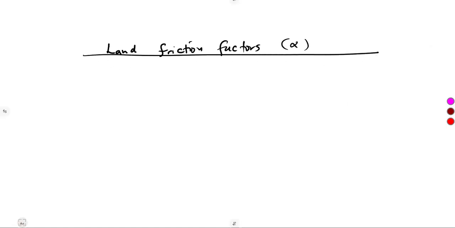Just for the sake of revision, these are some of the factors that we are going to need as part of our syllabus: the land friction factors according to the landform that you are given, to the roughness of the land. So let's just have the landform, then the friction factor.